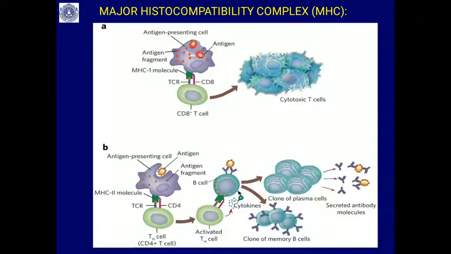This is how exactly it works: this is the antigen presenting cell, and the T cell receptor recognizes the MHC holding the antigenic peptide, and immediately the cytotoxic T cell neutralizes or inactivates the antigen. This MHC 2 binds with the T4 cells or CD4 cells, and they can bring the humoral immune response, or antibody mediated immune response.